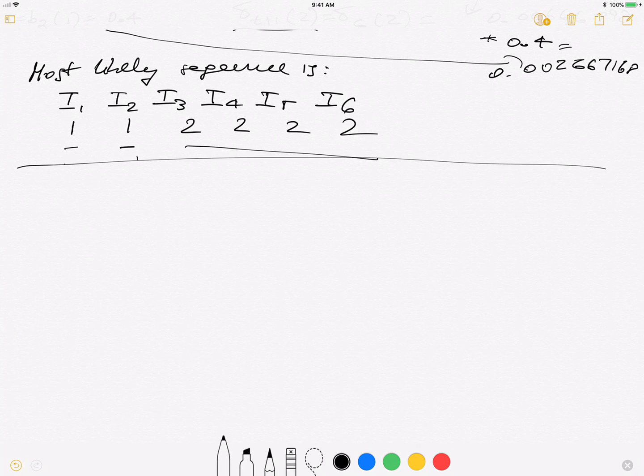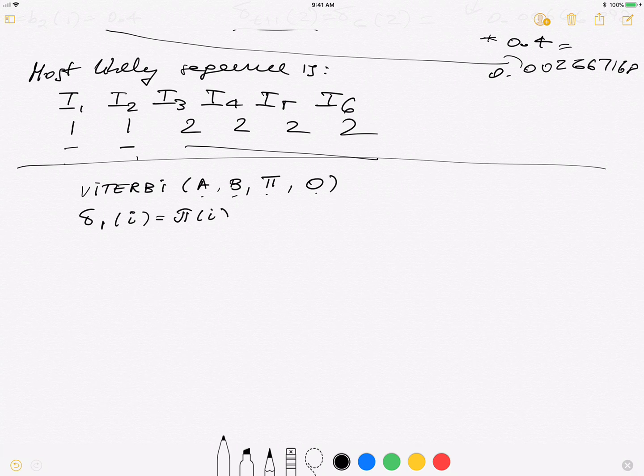I will copy the algorithm once again so that we can analyze very briefly the complexity. So what are the inputs? The inputs are matrix A, probabilities B's, probabilities pi's, and the output sequence. And the algorithm goes: this is initialization, and then iteration. Remember, it starts from 1, not from 2.